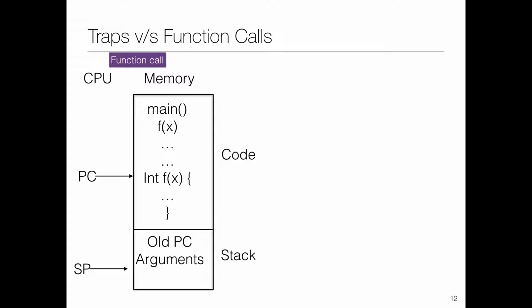Simultaneously, you will store the old program counter. The purpose of this is, when you return from the function, you want to go back to the same point where you were previously executing. So you pass in all the arguments and the old program counter, and the stack pointer moves down or up based on the direction in the implementation.